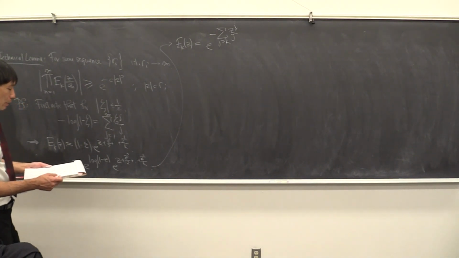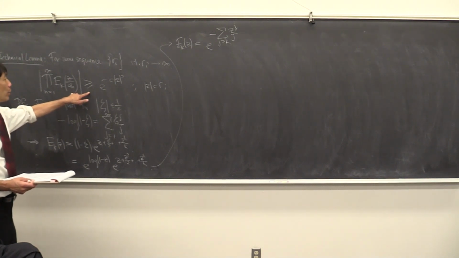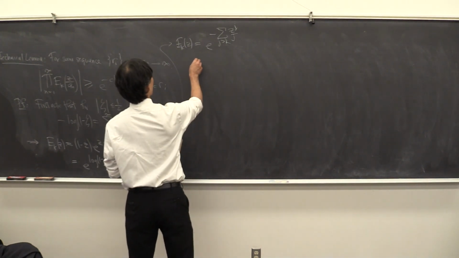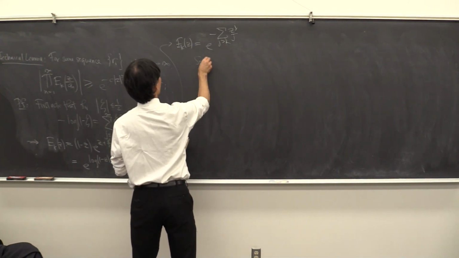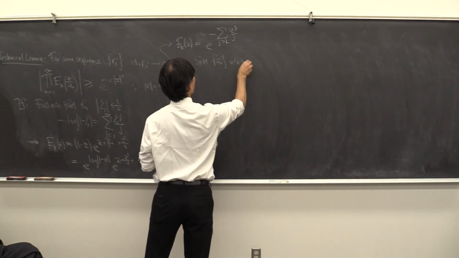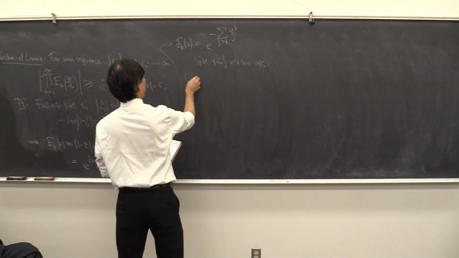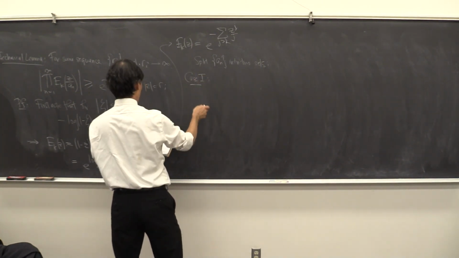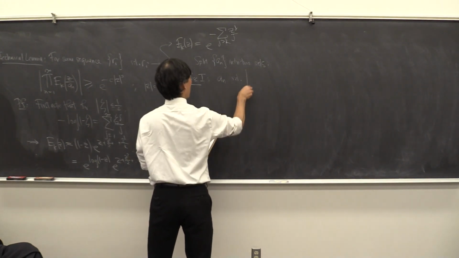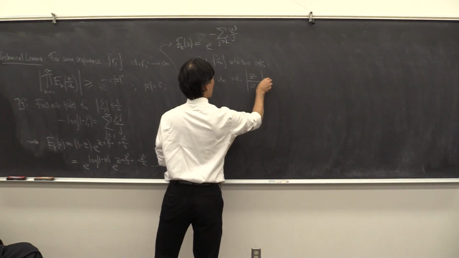Okay, so we're going to go for this bound, but we'll go for it in parts. So we'll split the roots into two groups. First case, the first set of them is where the a sub n are such that z over a sub n is less than a half.